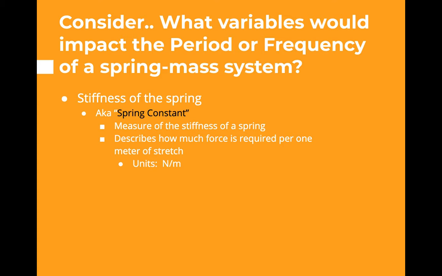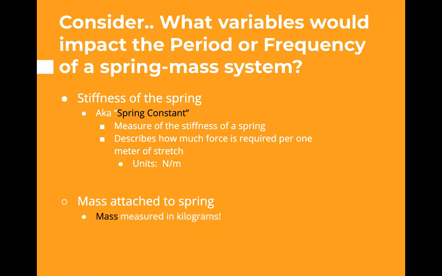The other factor that will impact frequency and period of a spring mass system is the actual mass attached to the spring. So unlike a pendulum, which vibrates back and forth, a spring mass system vibrates up and down. The amount of stretch is reliant on the mass that is attached to the spring.